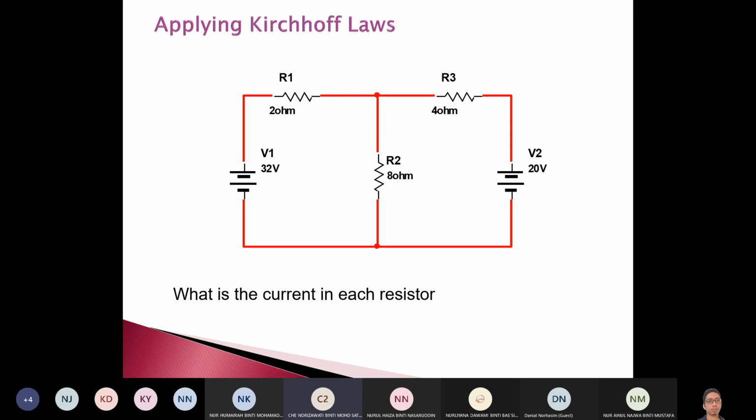So 2 nodes. Sorry, M equals 3 and N equals 2.